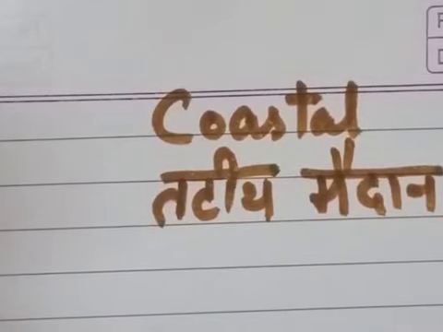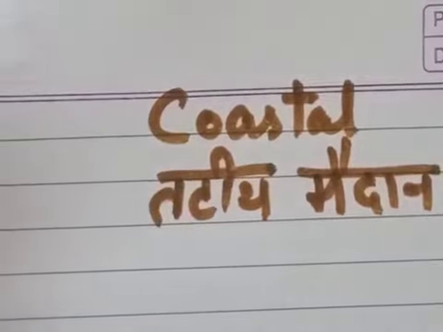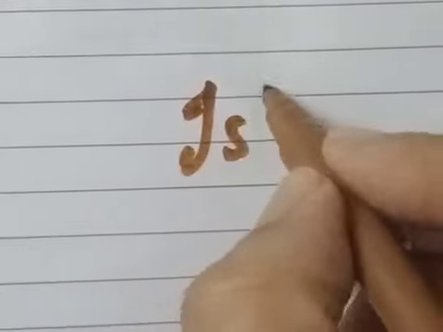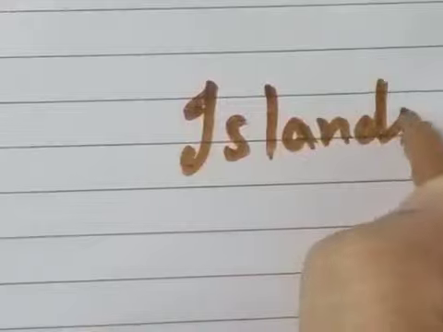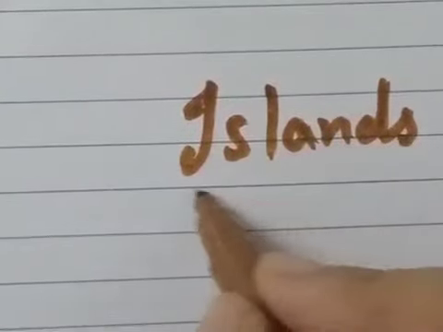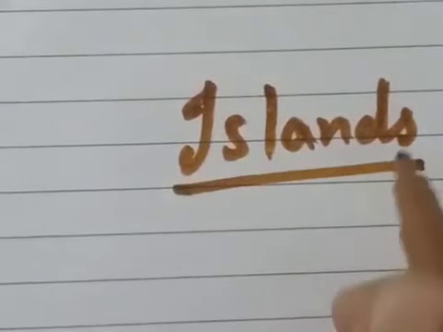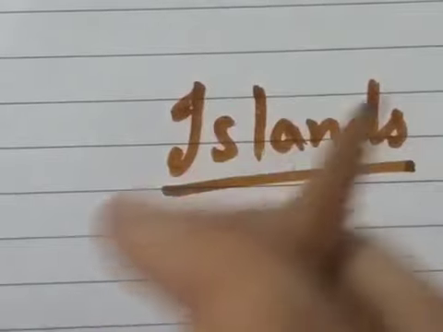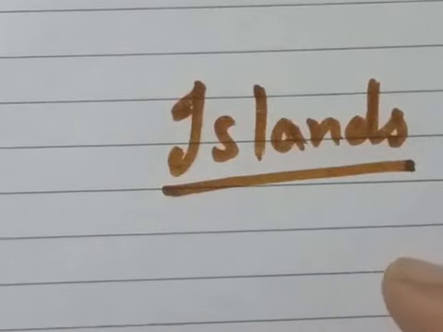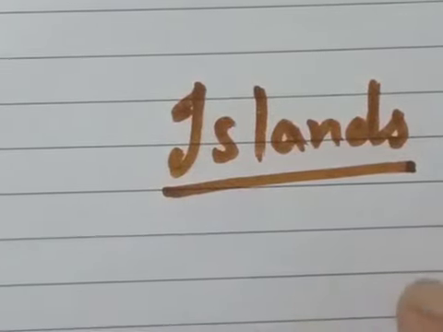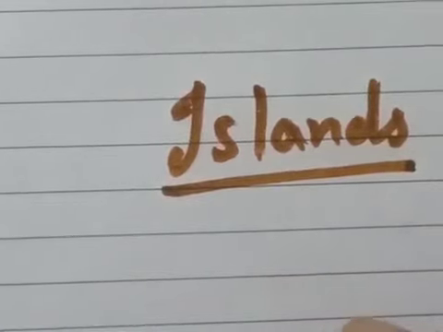Next is islands. Islands: land that is surrounded by water all around. Now it's clear. All have understood.